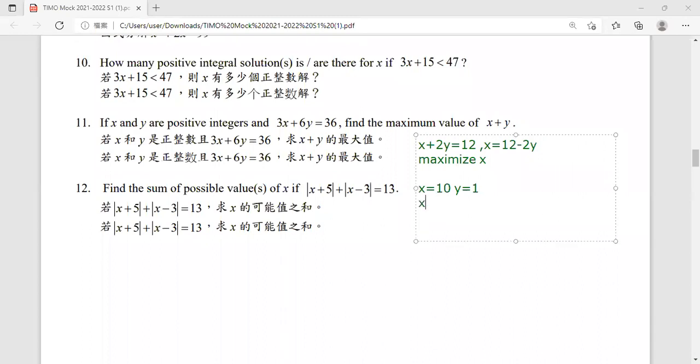But if I put x as 8, then y is 2 only. So the sum here will be 11, but the sum here is 10. That's what I mean: maximize x, because if you maximize y, the sum will be very small. If you put x equal to 2 and y equal to 5, the sum will be only 7. So the sum is much smaller.